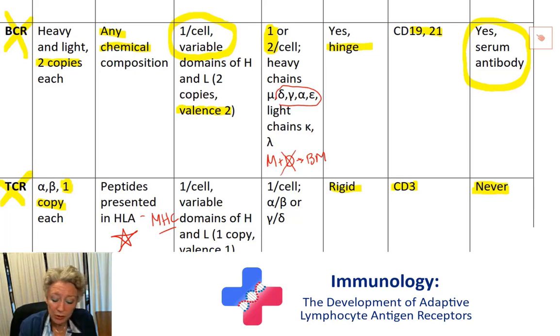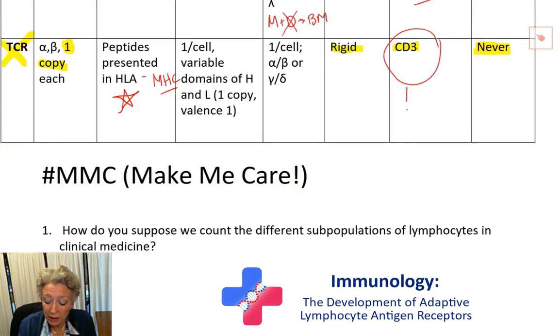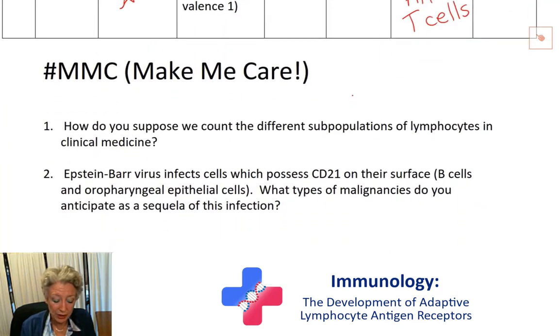What I'm going to want to use in that case is my signal transduction molecule, because I know that every single B cell in your body has to have CD19 and 21, and every single T cell in your body has to have CD3. That means that if I count that number by flow cytometry, I'm going to get a count of the total number of cells of that type that you had in a volume of blood or serum or whatever. Okay, next MMC.